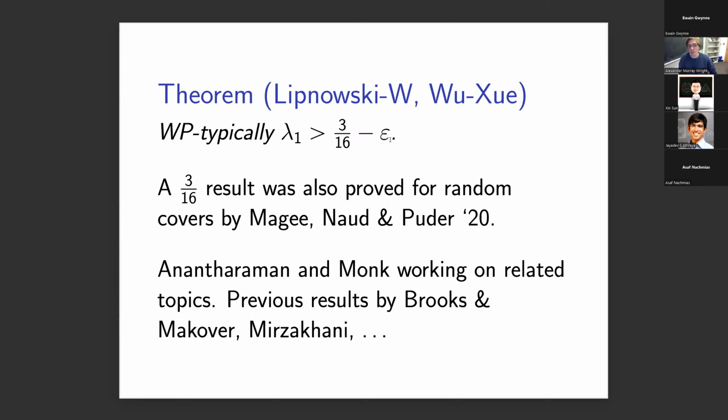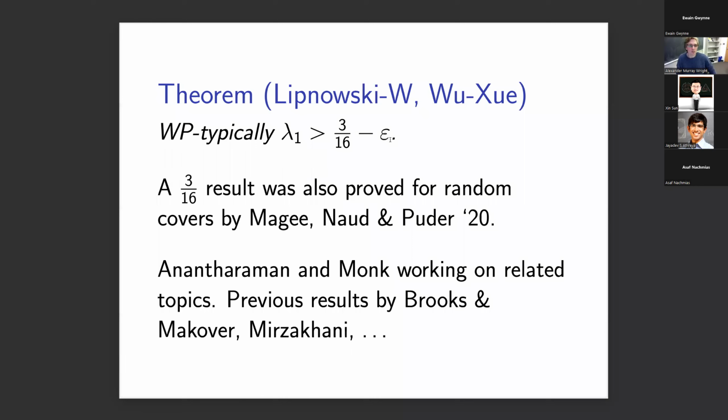And this is tantalizing. There's also a 3/16 result as partial progress towards Selberg's conjecture in analytic number theory. We don't quite know if this is the same 3/16. A different team, Wu and Xue, proved the same result independently and simultaneously.